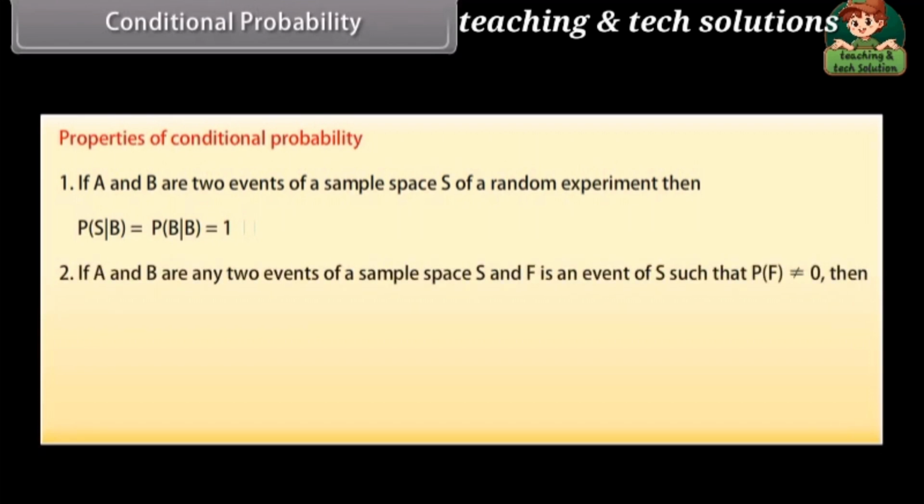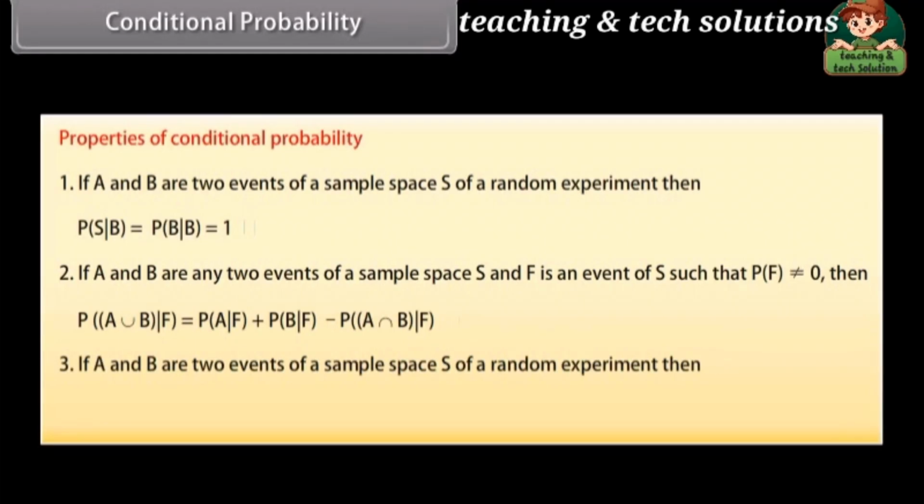2. If A and B are any two events of a sample space S and F is an event of S such that probability of event F not equals to 0, then conditional probability of event A union event B when F is given is equal to conditional probability of event A when F is given plus conditional probability of event B when F is given minus conditional probability of event A intersection event B when F is given. 3.